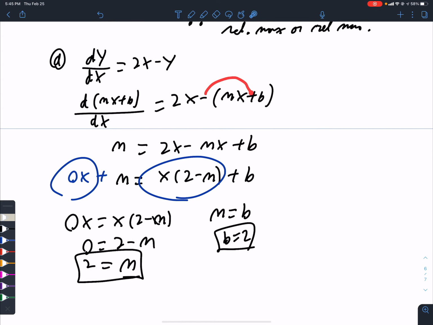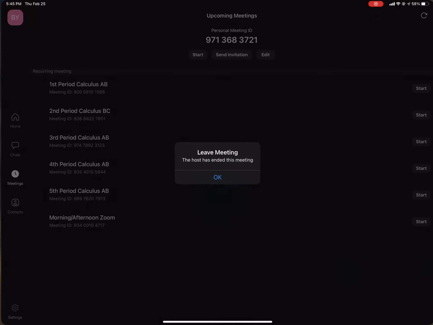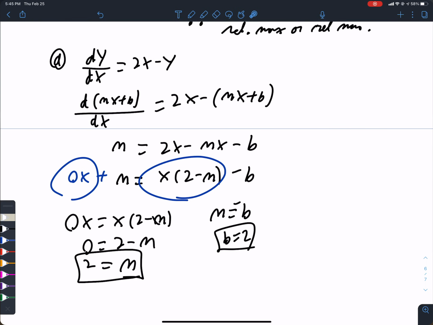That should be minus b. My apologies. But m is 2. Plug a 2 here. B comes out to be negative 2. So that's your m and b.